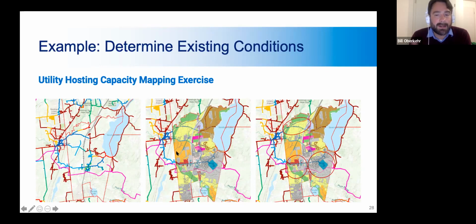So we can start to get an idea of which zones we want to allow development in. And then here, if our zoning isn't great for solar in a particular area, we can start to do things like floating overlay zones to be able to encourage development within a zone where there is a good site for renewable generation.